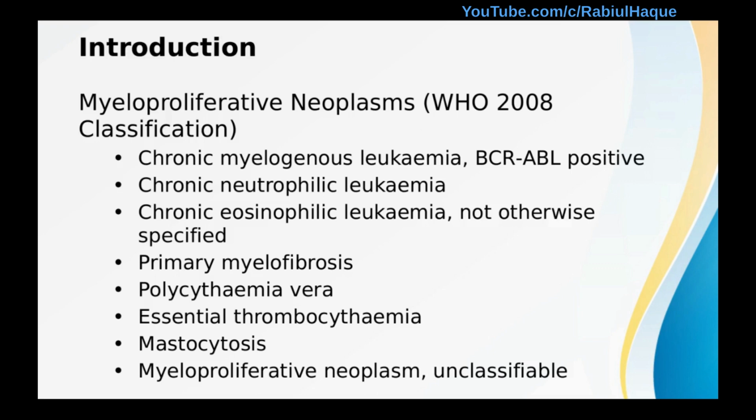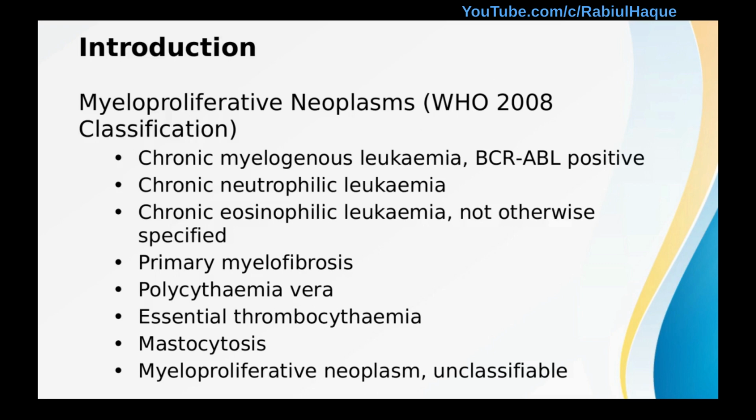However, also note that there are other disorders included in the classification of myeloproliferative neoplasms besides chronic myeloid or chronic myelogenous leukemia. They will include chronic neutrophilic leukemia, chronic eosinophilic leukemia not otherwise specified, primary myelofibrosis, polycythemia vera, essential thrombocythemia, mastocytosis, and myeloproliferative neoplasm unclassified.